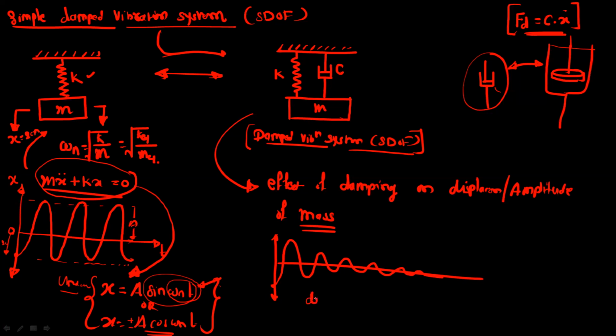So this is the effect of the damping. That means if you physically conduct one experiment, you take the mass and the stiffness, and the second system is mass, spring, and the damper, and try to oscillate both the systems simultaneously. For one system, you can observe such type of waveform. For the second system, you will observe this waveform.